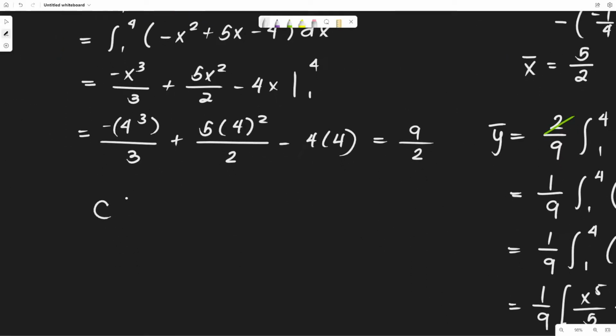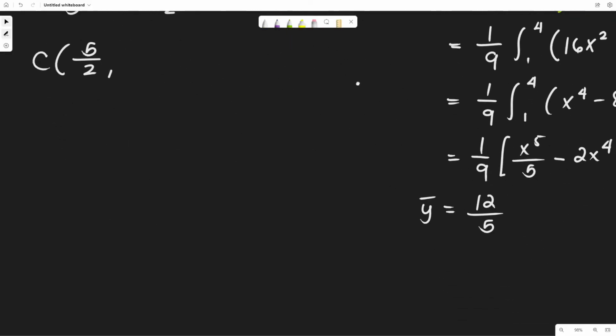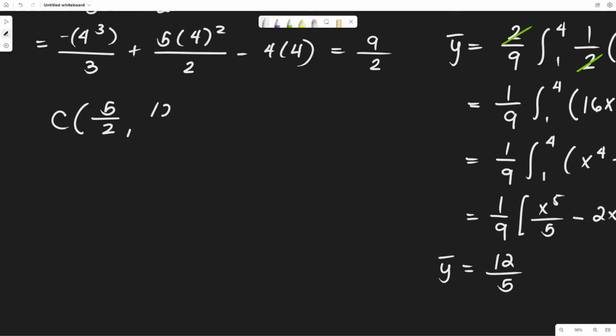So the centroid, the coordinate of the centroid is 5/2 and 12/5. Yan. Okay, so that's it. That is for the physical application of definite integrals in centroids.